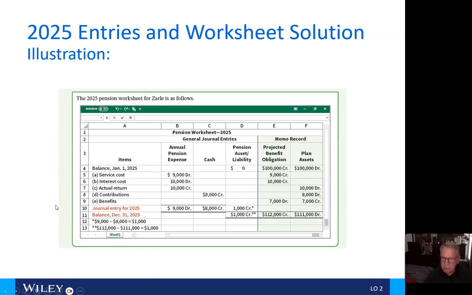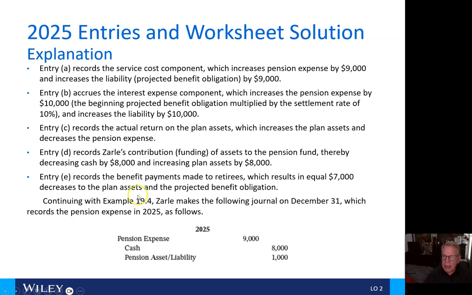And then finally, entry Echo, benefits. The entry Echo records the benefit payments made to retirees, which results in equal $7,000 decrease to the plan assets and the projected benefit obligation.